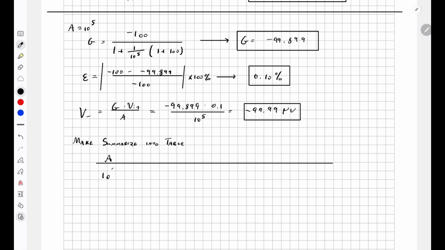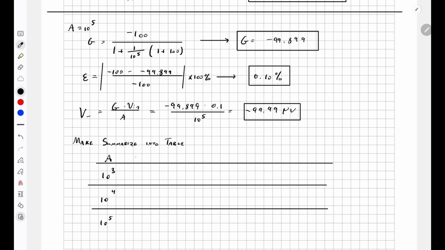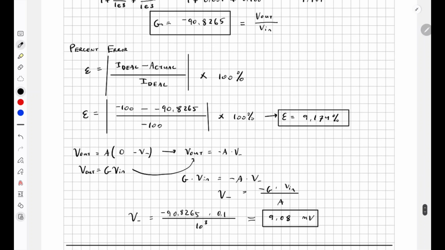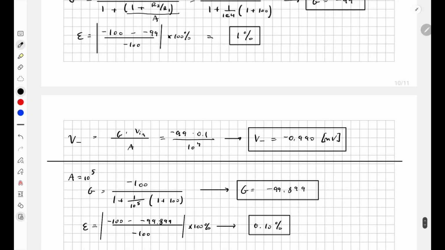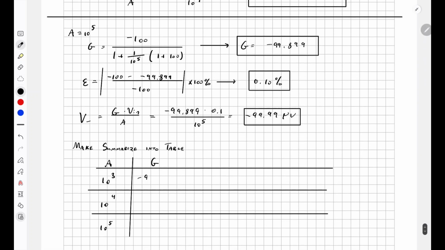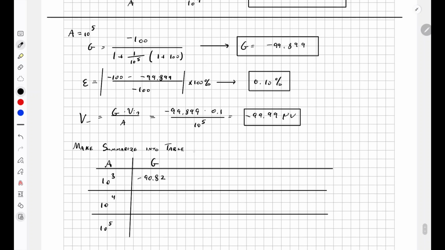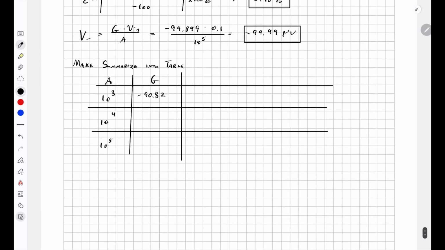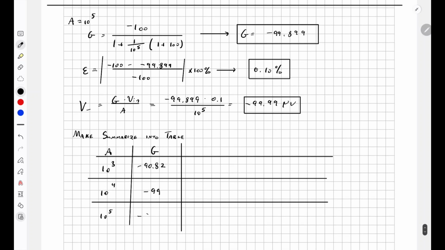First we solved for A as 10 to the 3rd, then A as 10 to the 4th, then A as 10 to the 5th. The gain in the first case was negative 90.82. In the second case, negative 99. In the third case, negative 99.9.